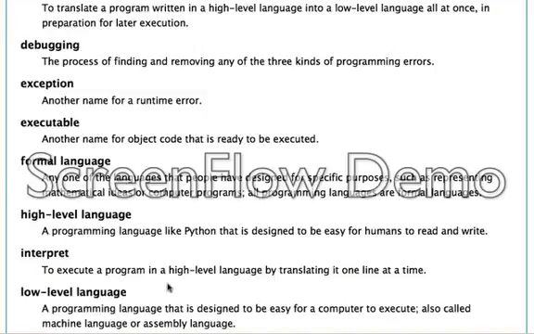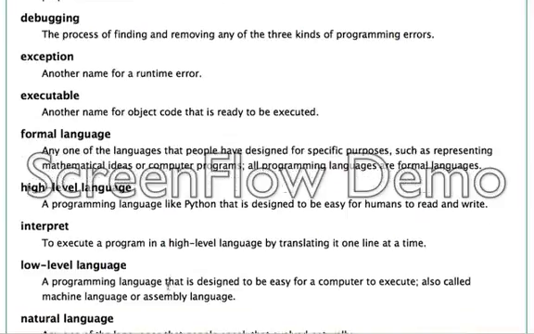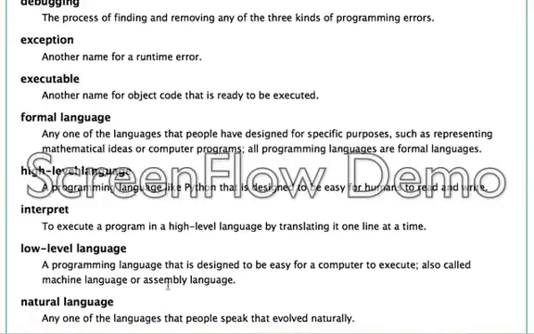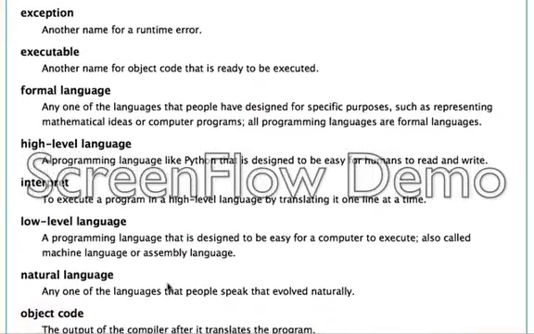Exception: another name for a runtime error. Executable: another name for object code that is ready to be executed. Formal language: any one of the languages that people have designed for specific purposes, such as representing mathematical ideas or computer programs. All programming languages are formal languages. High-level language: a programming language like Python that is designed to be easy for humans to read and write.